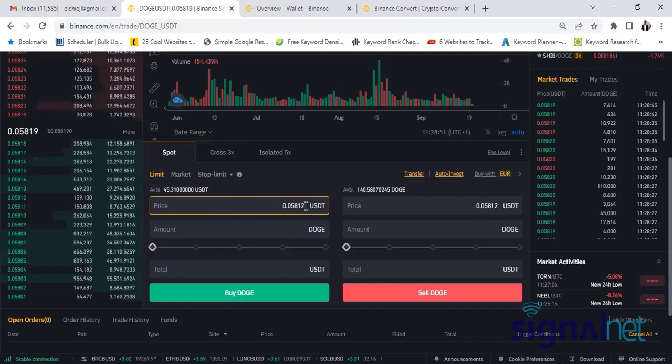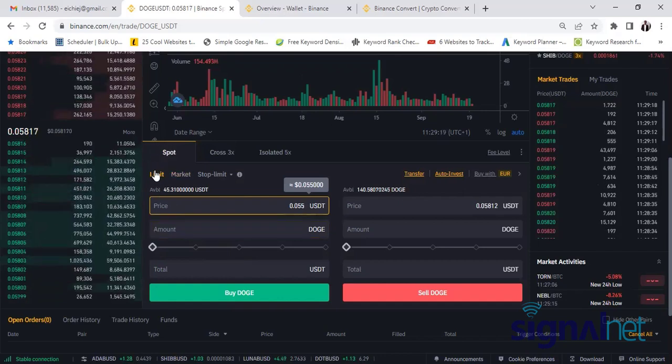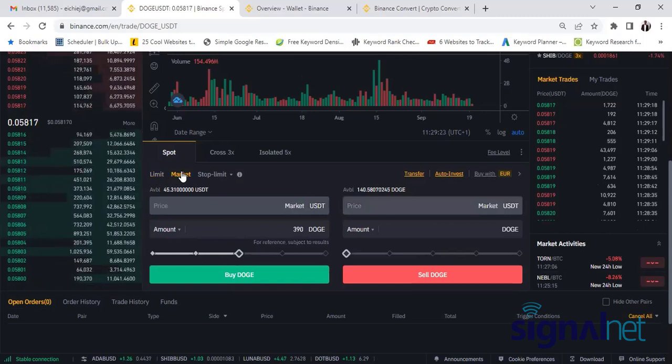You can adjust this to, say, 0.055 instead of 0.058, and say that when it falls to that price, that's when you want it to fulfill the order. So it will just be a pending order until the market gets to that price. Then it fulfills it for me without any charge. I hope that is clear. So that's how to use the limit option on spot. If you choose market, it will do it instantly with a little charge, a little commission.